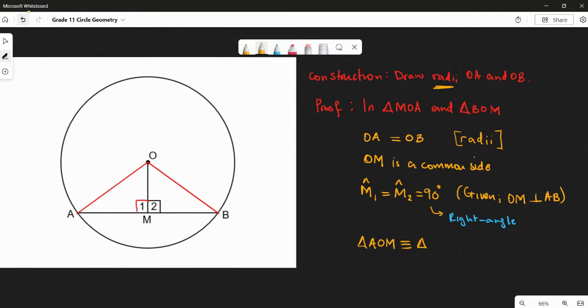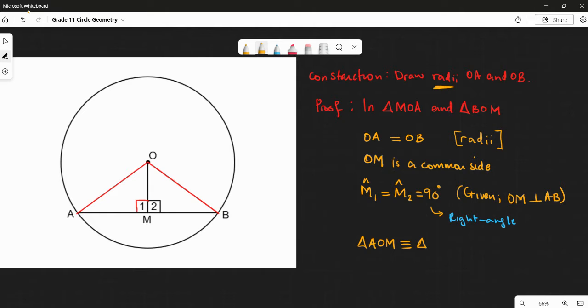I can write it as MOA and maybe rearrange the letters again. All right. The second triangle that I'm going to write has to follow the order of the letters that I've written there. So with that, let us see. Angle A. We don't know much about angle A, right? But we know that OM is a common side.